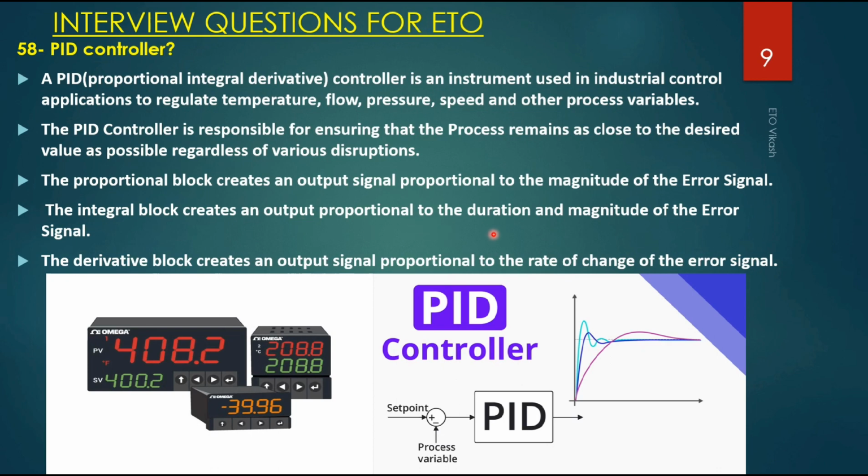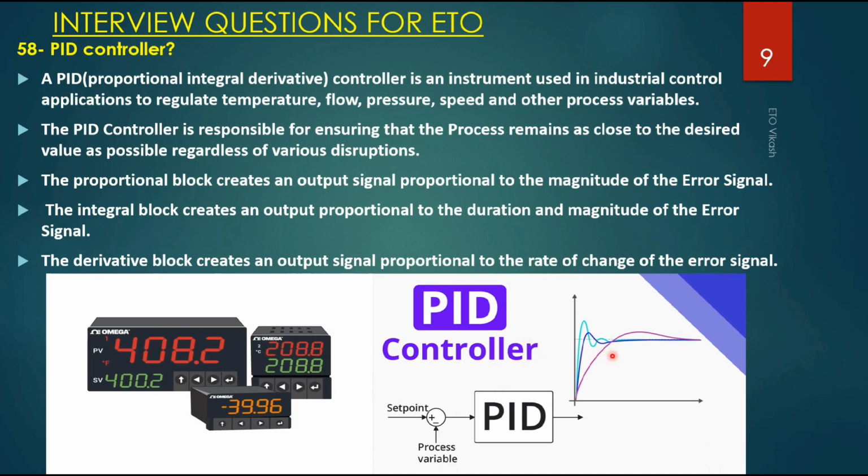But the integral block creates an output proportional to duration and magnitude. The proportional block gives the signal according to the error, but the integral block gives the signal for as long a duration as the error continues. And the derivative block creates an output signal proportional to the rate of change of the error signal. This derivative block helps to minimize the error very quickly.